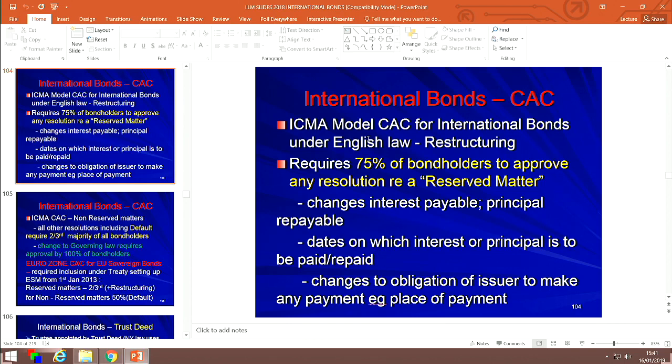You can either use the Eurozone CAC under the ESM treaty, or you can use the ICMA model CAC for bond issues under English law, because the percentages required under the ICMA model CAC are a lot higher than the Eurozone CAC minimum standards. So there's an option.